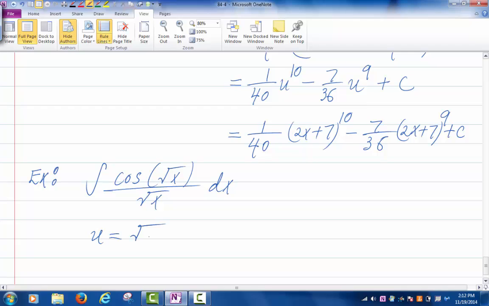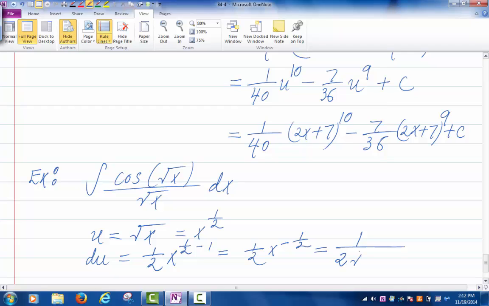And then the differential of u would be, what's the derivative of root x? Root x is actually x to the half, right? So the derivative of that is half x to the half minus 1, which is half x to the negative half, which is 1 over 2 root x.